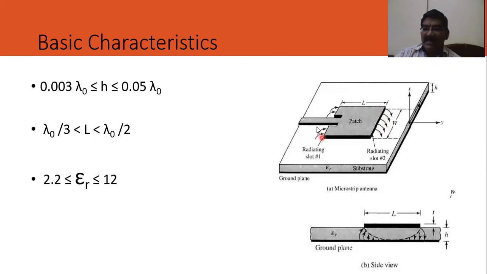There is some portion in the air. Here it is shown going from the patch inside the substrate, and this is your ground plane and this is your upper patch. So this is the electric field intensity, the lines of force.